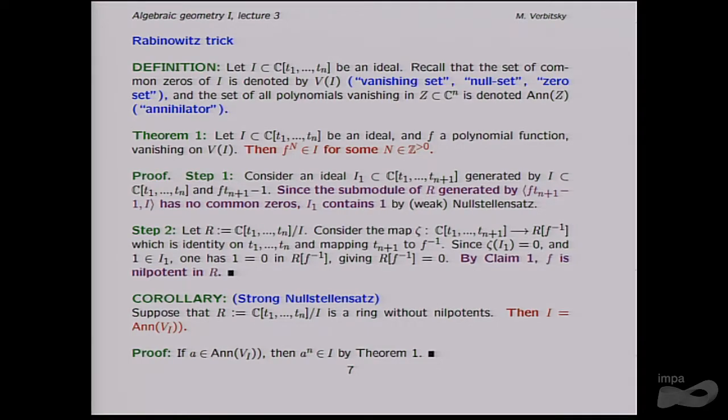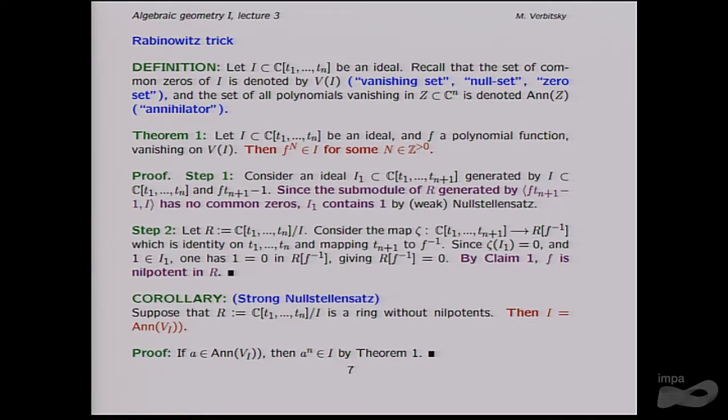Okay, then the strong Nullstellensatz is just a special case of this result. So corollary. This statement had no assumptions on I here. Now let's add assumptions.